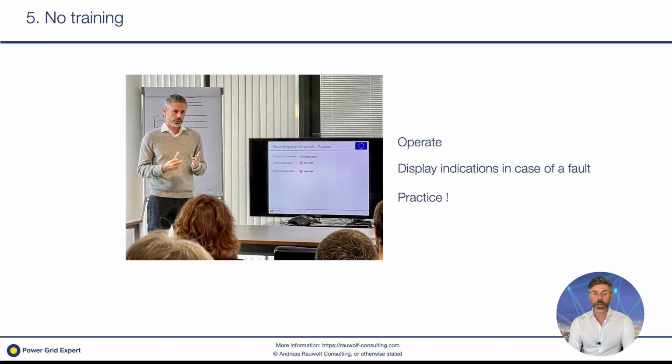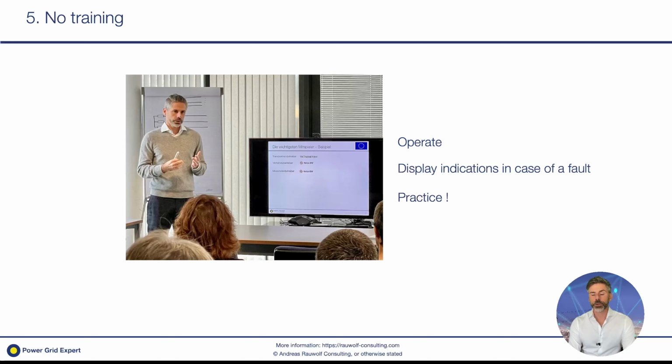Practice. In my experience, one training is unfortunately not enough. You train, and then if you have a modern cable network, nothing happens maybe for 2 years, and then it suddenly happens, and then everybody is chickening out on how to find the fault location.